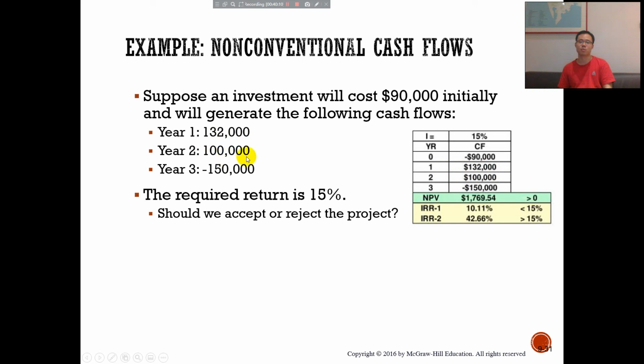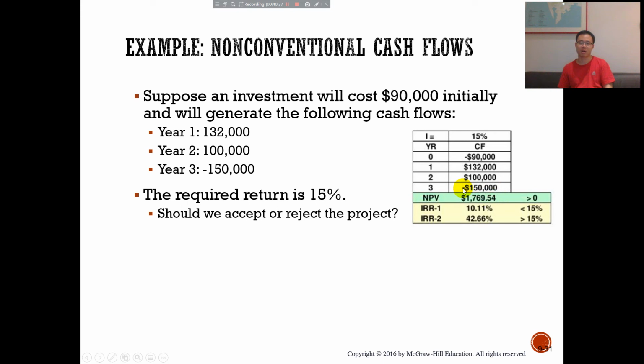Year two is 100,000, and in year three, your project loses money. I don't know how you can expect this, but the calculation is negative 150,000.